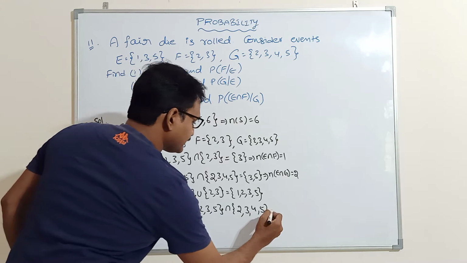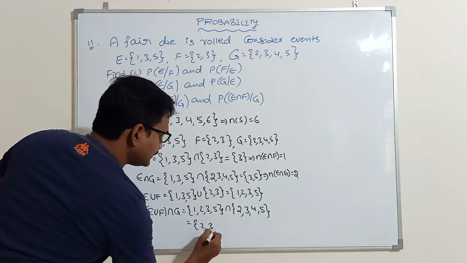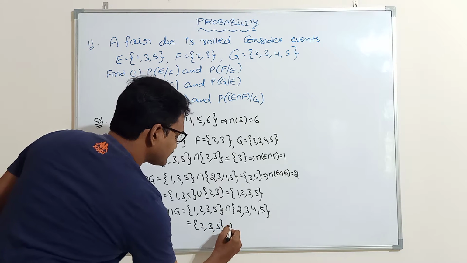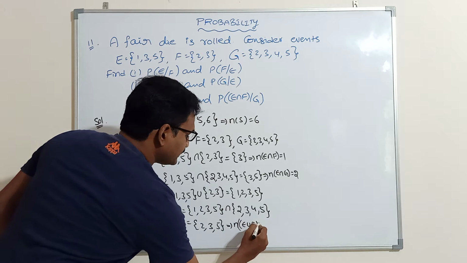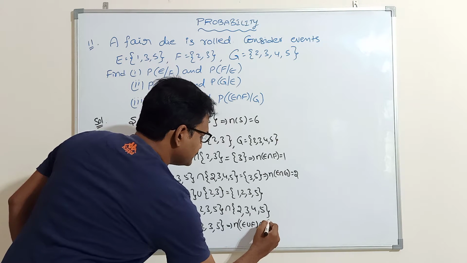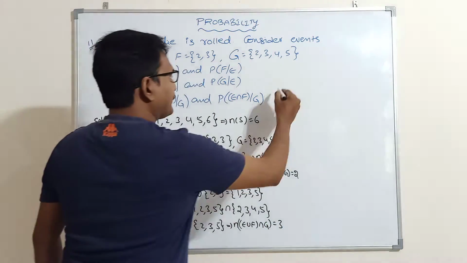So E union F intersection G is {2, 3, 5}. So the number of elements in E union F intersection G is 3.